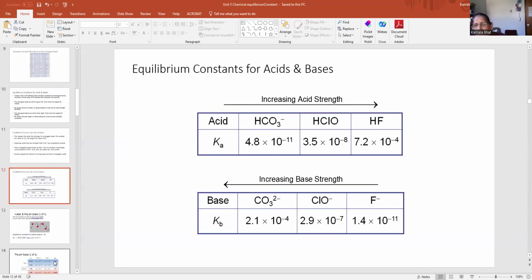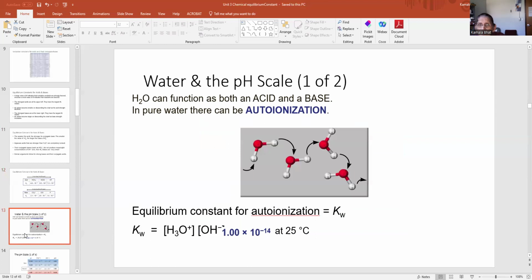Now, here is an example of equilibrium constants for some acids and their conjugate bases. As you can see, when the Ka is very small, the conjugate base value Kb is very high, and vice versa. Furthermore, when we look at water, water can function both as an acid and a base.